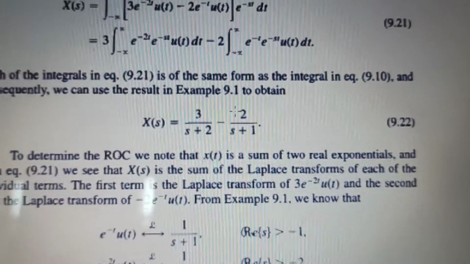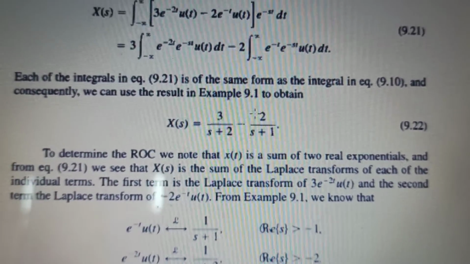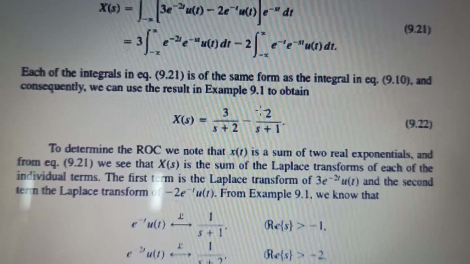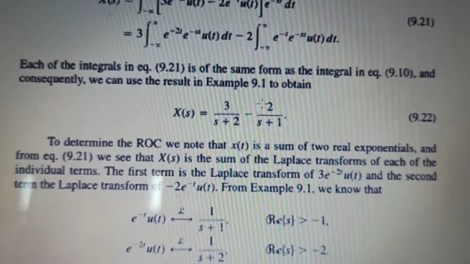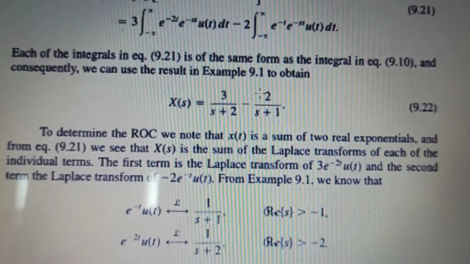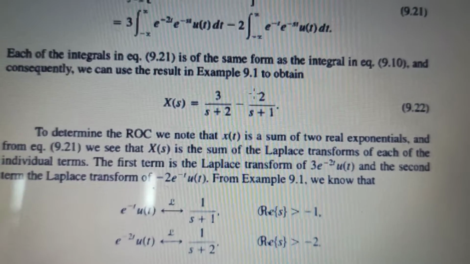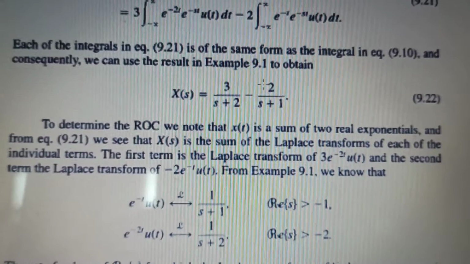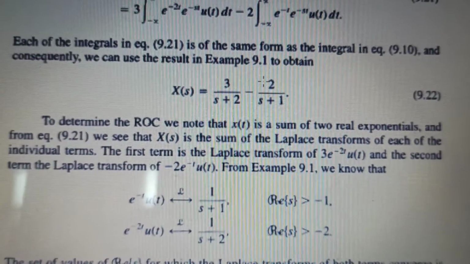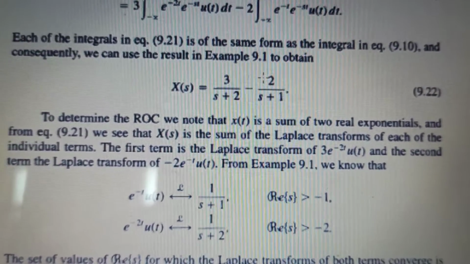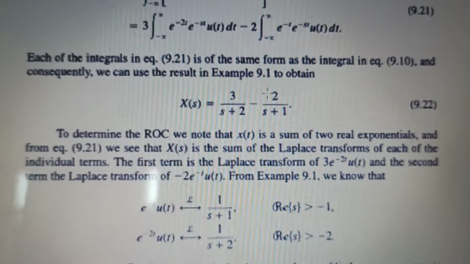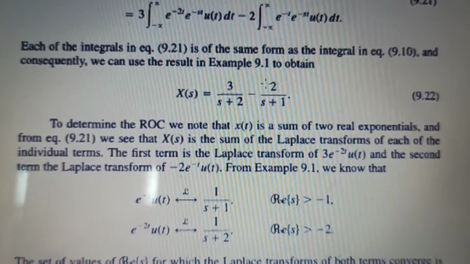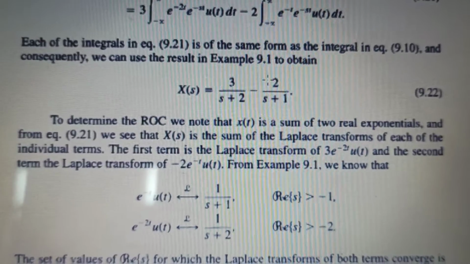So this polynomial will give me (s minus 1) divided by (s plus 2)(s plus 1). That is why I have taken this example. Now this polynomial is obtained. If we equate the numerator to 0, that is s minus 1 equals 0, so we will get s equals 1. Is it clear?